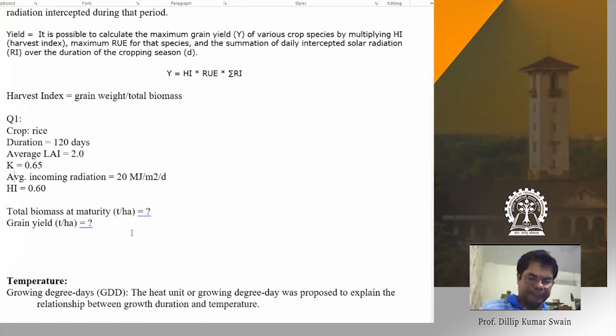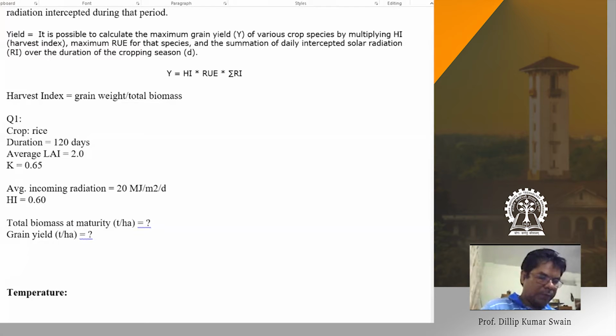What is missing here? One piece of information has to be given. Radiation use efficiency, exactly. RUE, radiation use efficiency, equal to, suppose, 4 grams per megajoule.